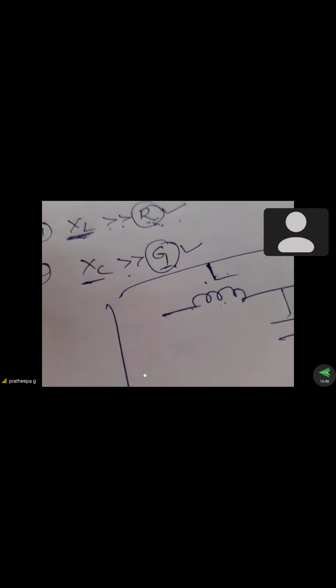Okay? So this one clear? Yes, ma'am. Equivalent circuit of transmission line and lossless transmission line. Yes, clear.